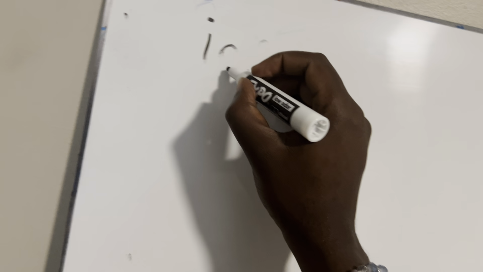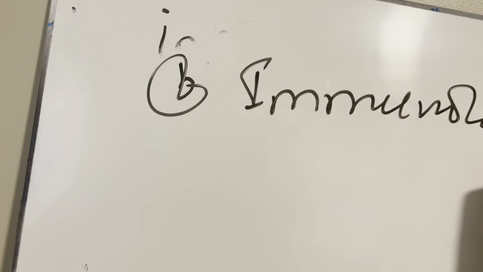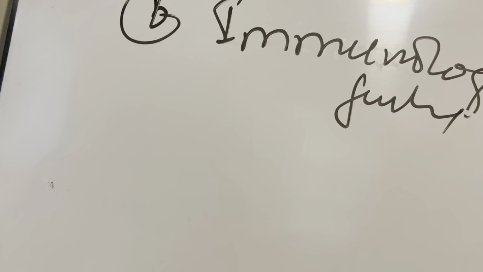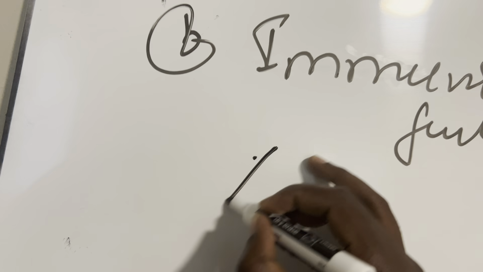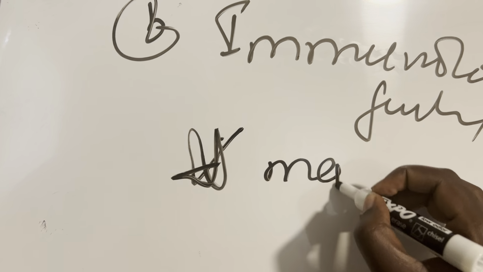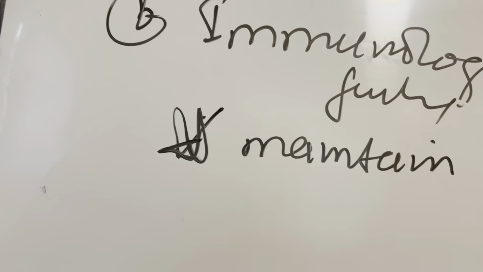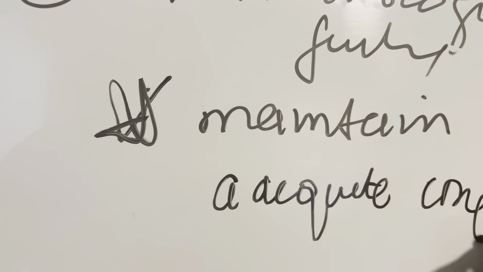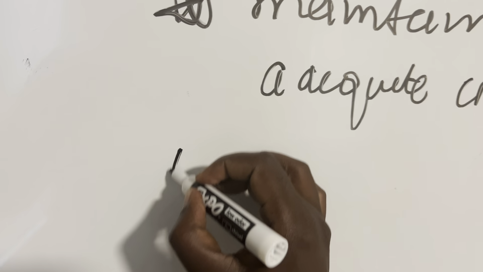The second one we're going to talk about is immunological failure. Immunological failure is the failure to achieve or maintain an adequate CD4 cell count response despite virological suppression, despite being on treatment. What are the indicators?